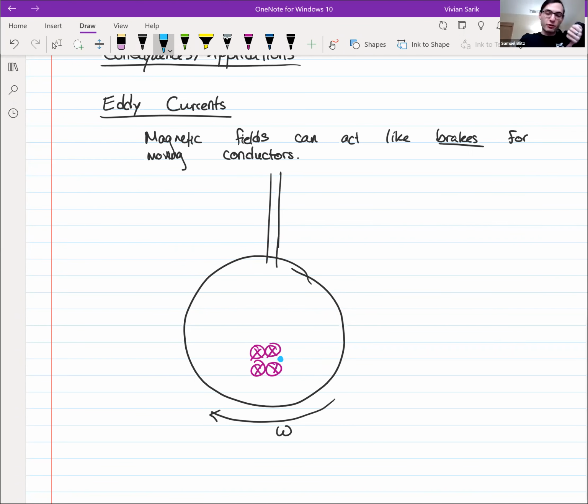So it will experience a force downwards. A charge on the other side will also experience the same force. It'll experience a force downwards.